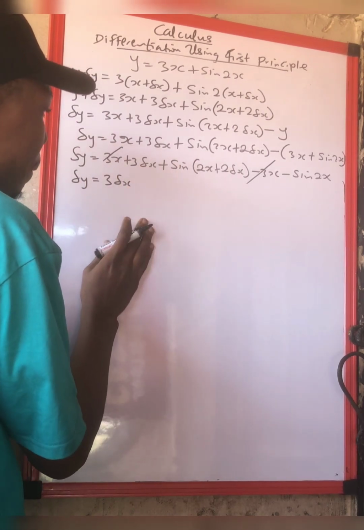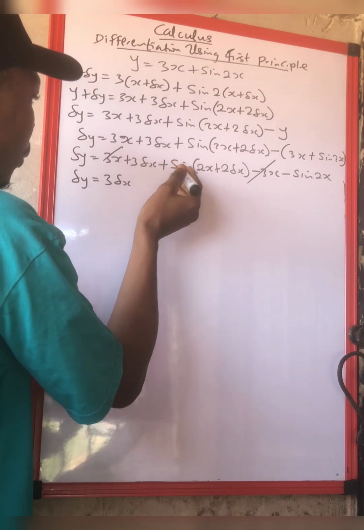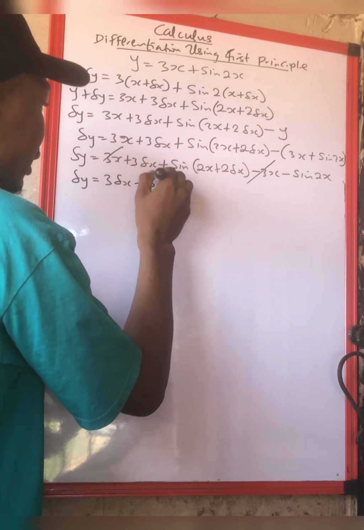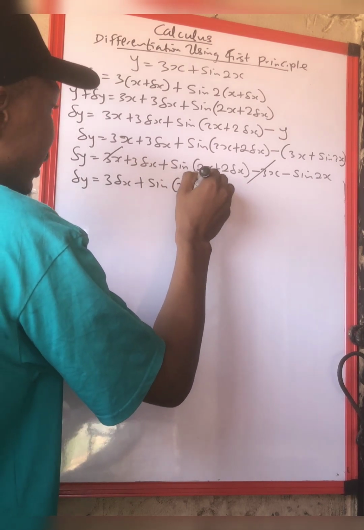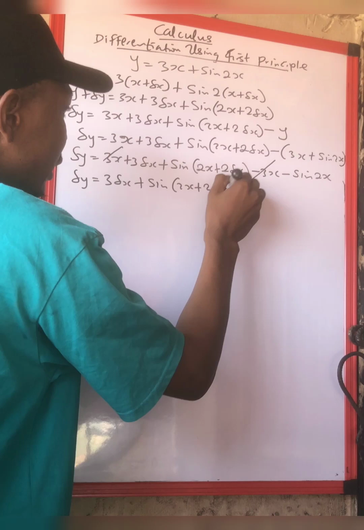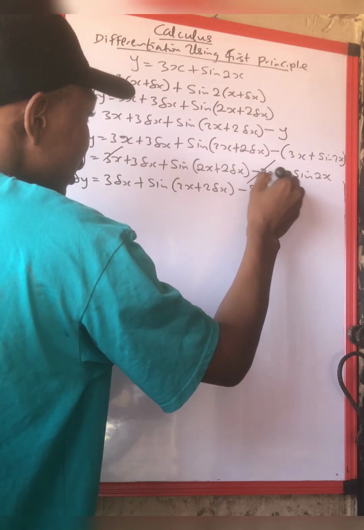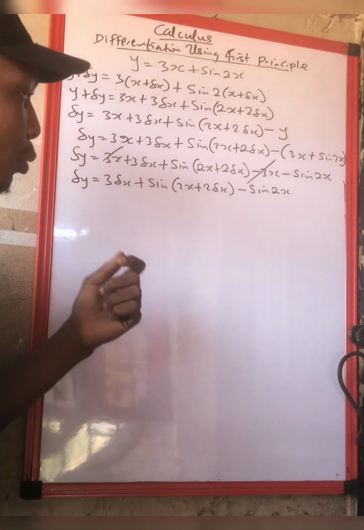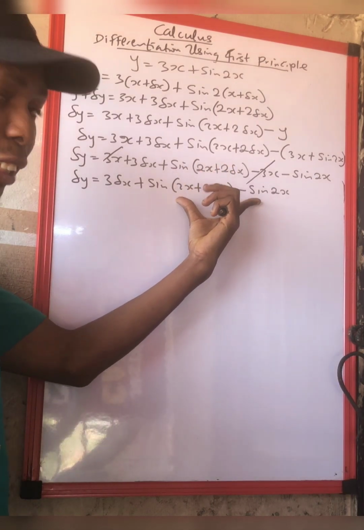Then from there, we are left with 3Δx plus sine 2x plus 2Δx, then minus sine 2x. I gave you an expression in my previous video to use whenever you have an expression like this.